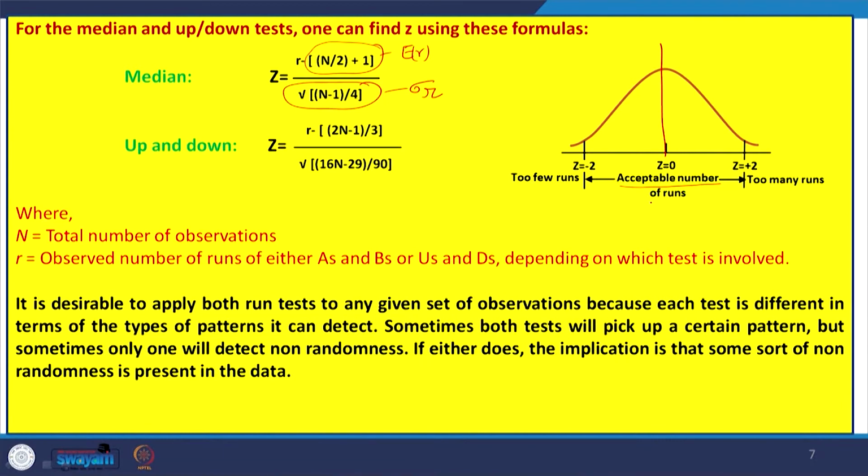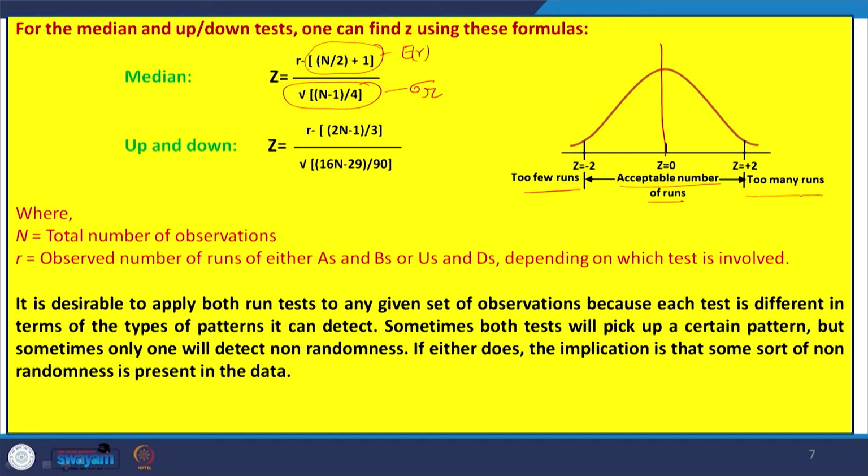So, how much difference is acceptable? That is written as the acceptable number of runs. If you are coming to this side, Z is around minus 2, that means there are too few runs, and if it is coming towards this side, that means there are too many runs.